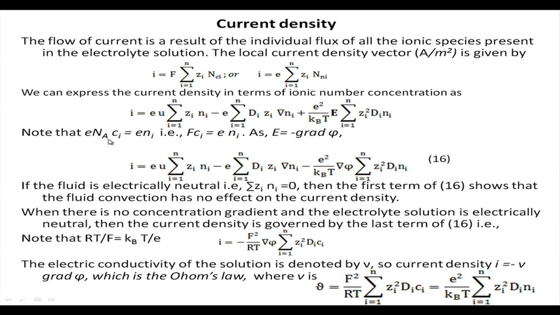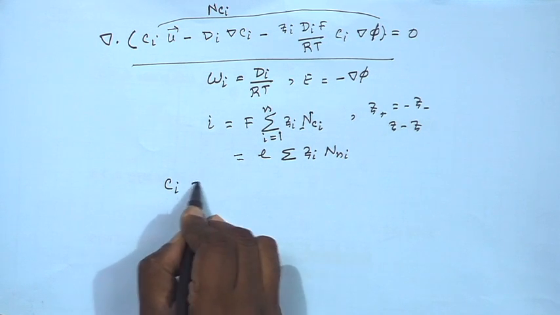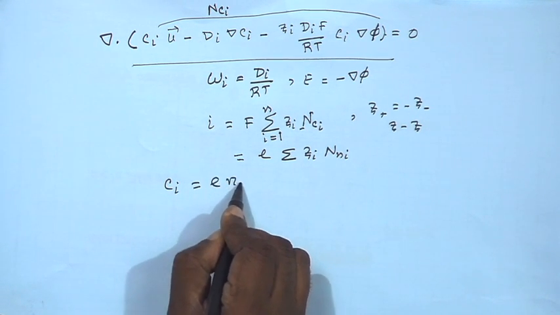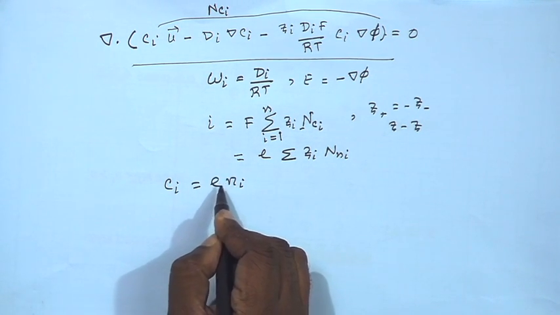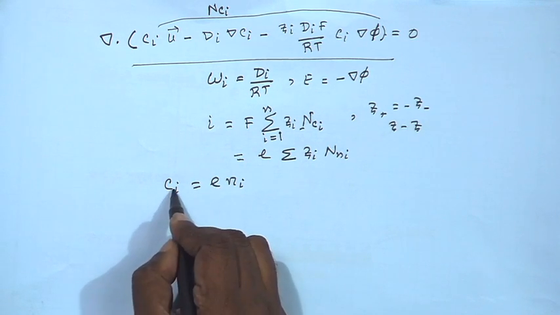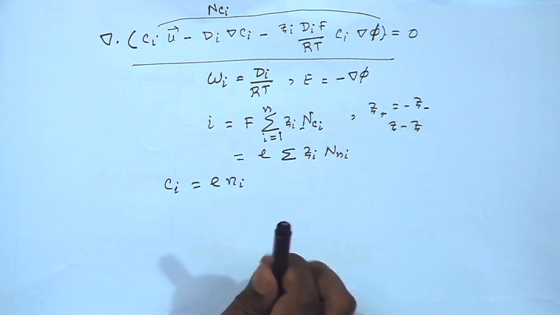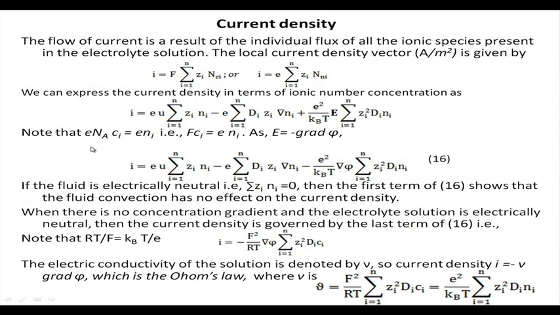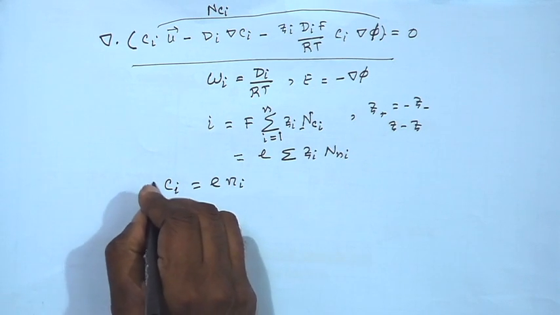C I can be written as E N I, the number density times E, the elementary charge. That gives you the molar concentration, F C I.